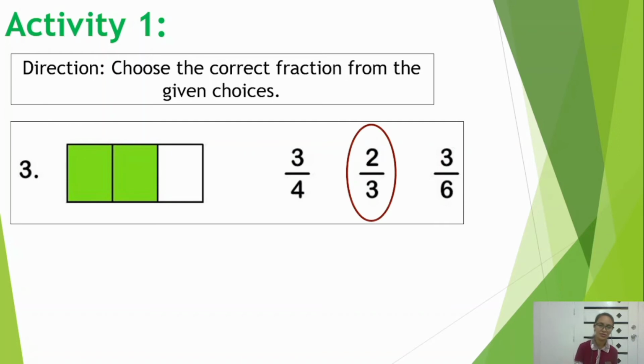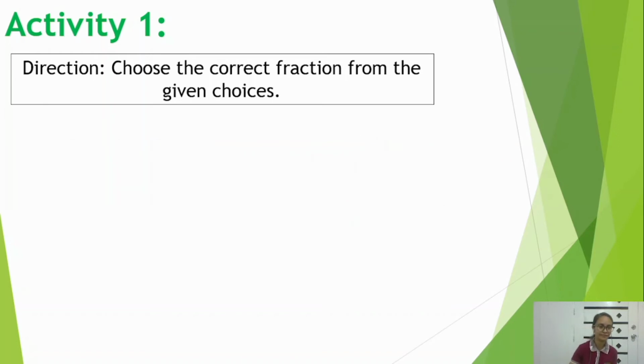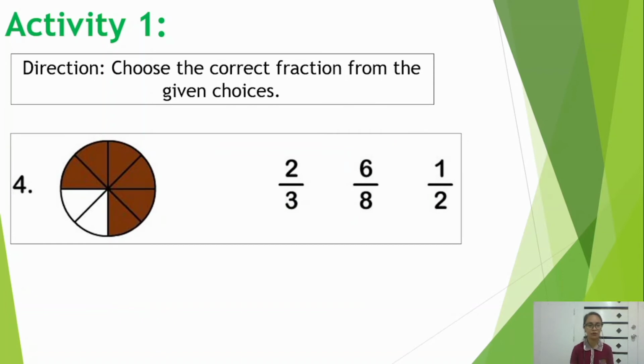So, 2 over 3. And let us have number 4. How many equal parts are there? 2, 4, 6, 8. So the only choice is this one. The fraction is 6/8. 6/8.